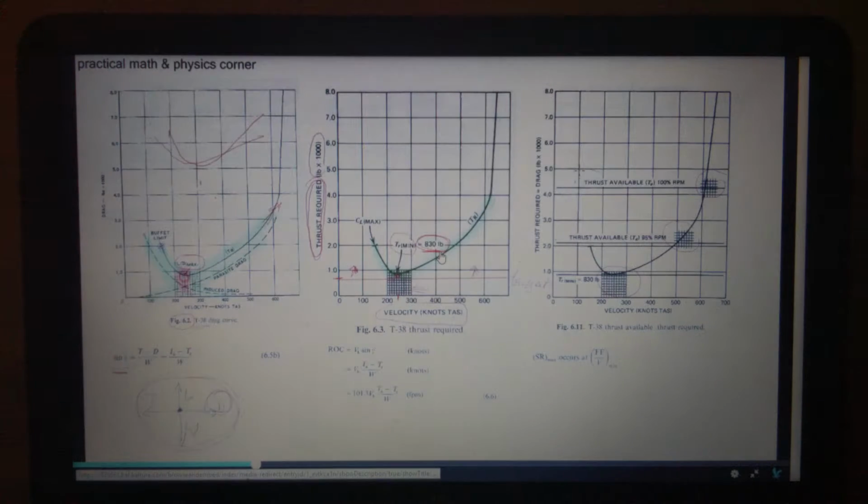And as we can see in that third curve here, the thrust available part can be directly overlaid in the same diagram as a curve, which helps us finding graphical solutions and telling us basically directly the relationship between thrust available and thrust required. Why is thrust available important?